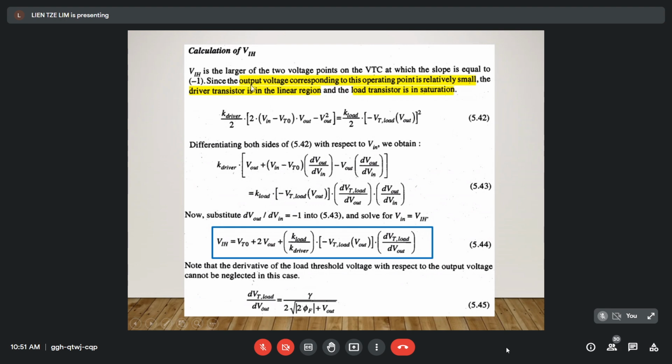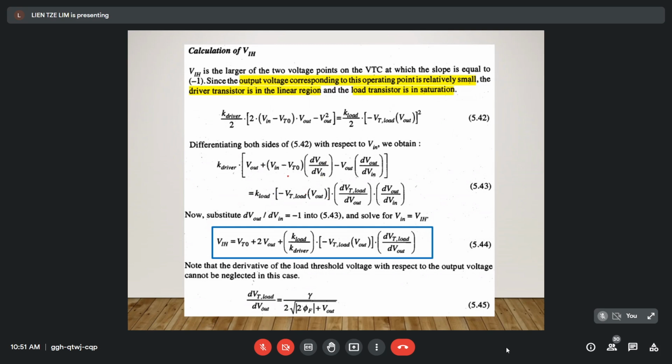Since the output voltage corresponding to this operating mode is relatively small, the driver transistor is in the linear region and the load transistor is in saturation. Again, this is the derivation, by differentiating this formula to get this formula.